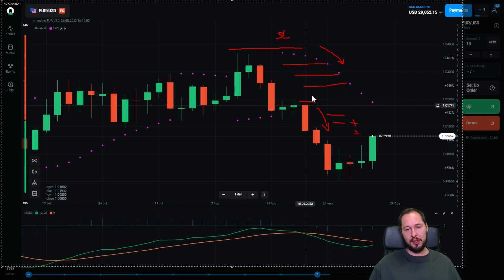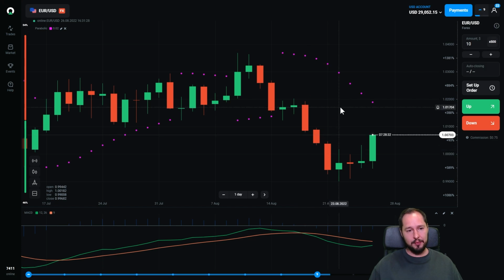They represent some sort of levels themselves, and you can manually choose the stop loss location if your trade is going in the positive direction according to the parabolic dots. So this is how I use this feature from time to time.